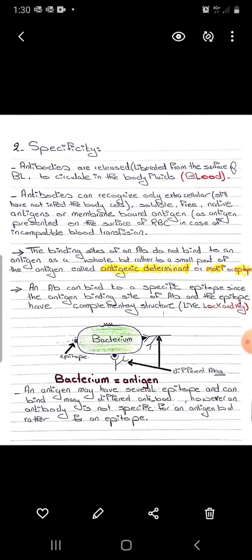Now, starting with specificity. What do you mean by specificity? Antibodies are released from the surface of B lymphocytes to circulate in the body fluid, which is the blood.